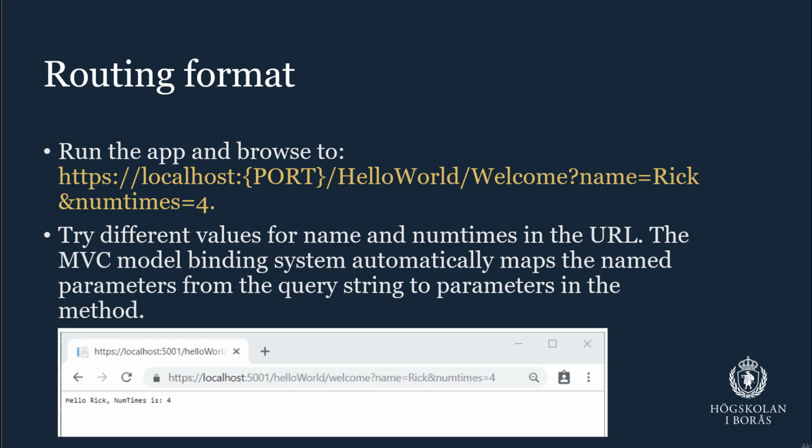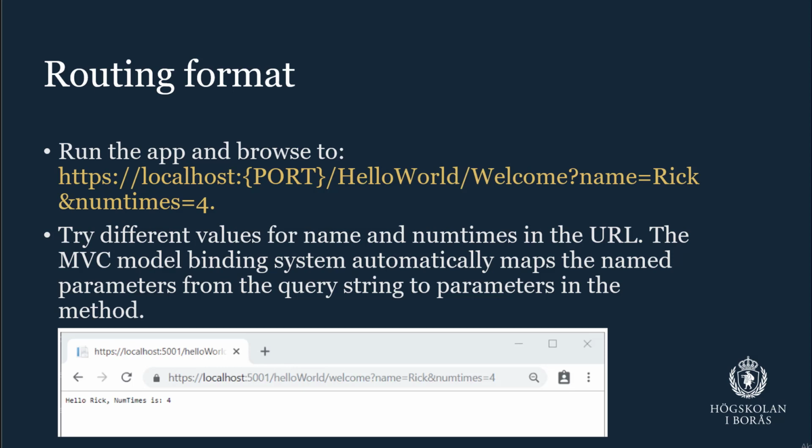So when we now run the app by debugging it and browse to our HTTPS localhost and our port number, /helloworld/welcome?name=Rick&numtimes=4, we receive this output, which is displayed in our illustration below.